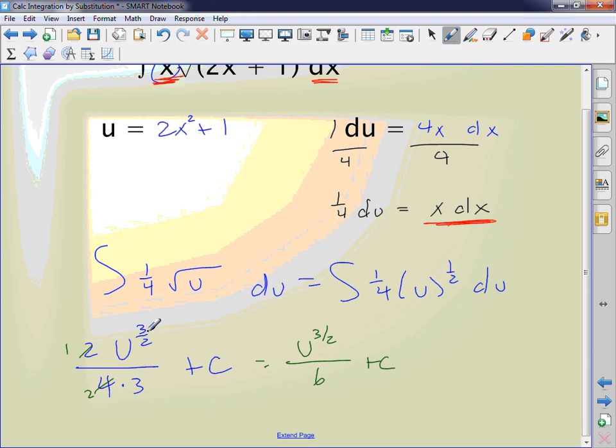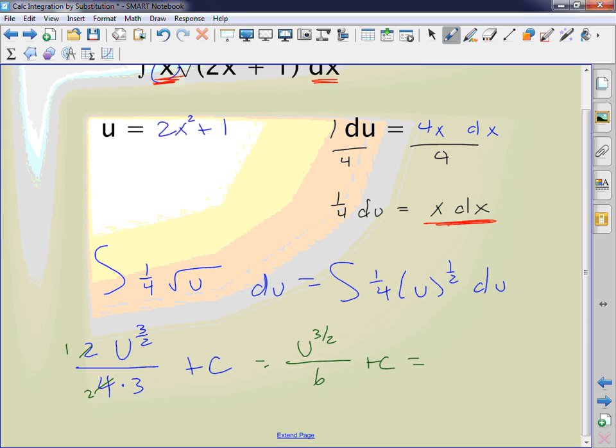See this? Normally you divide by that, right? Since there's a fraction, we multiply by the reciprocal. Add 1. Get 3/2. Then I divide by 3/2, but I don't divide by 3/2. I multiply by 2/3. And the 4 was already on the bottom to begin with.